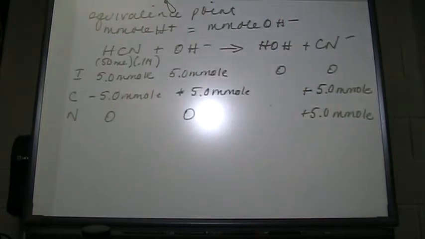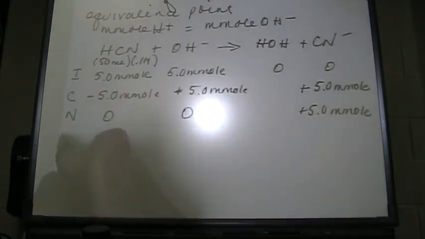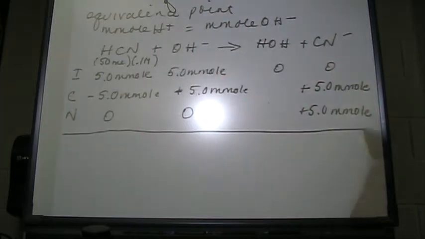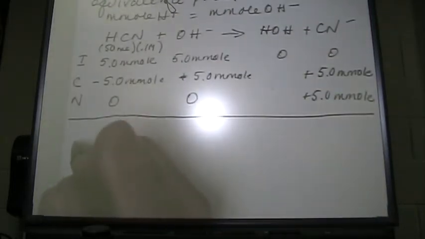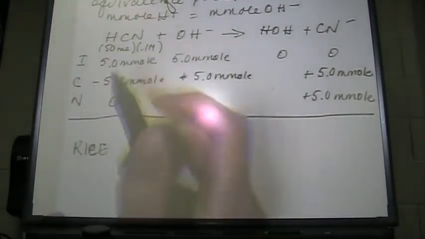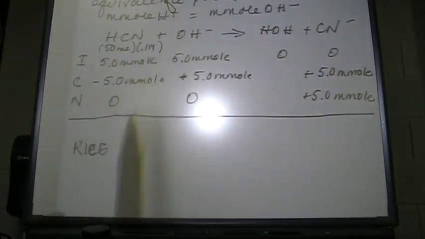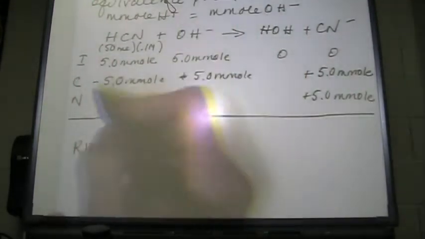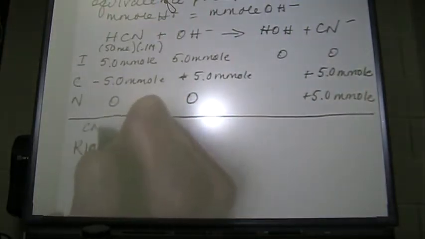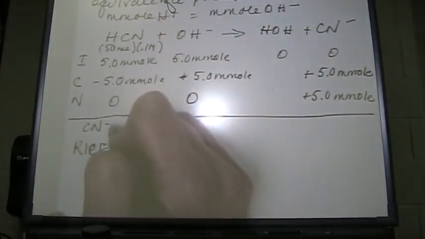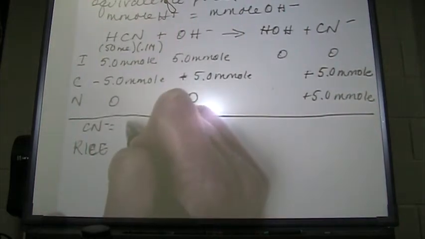That ends the neutralization portion, and we are going on to the RICE table. But we have one adjustment to make first: you have millimoles here, you need molarity here, and you need the molarity of the only thing left, the cyanide ion.